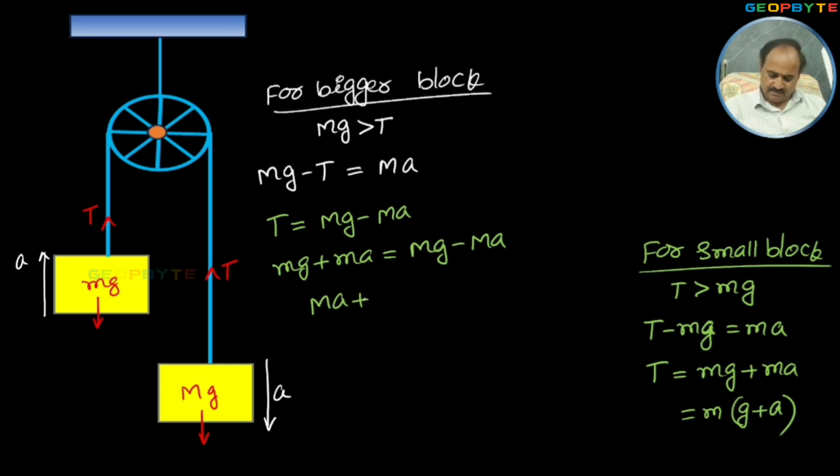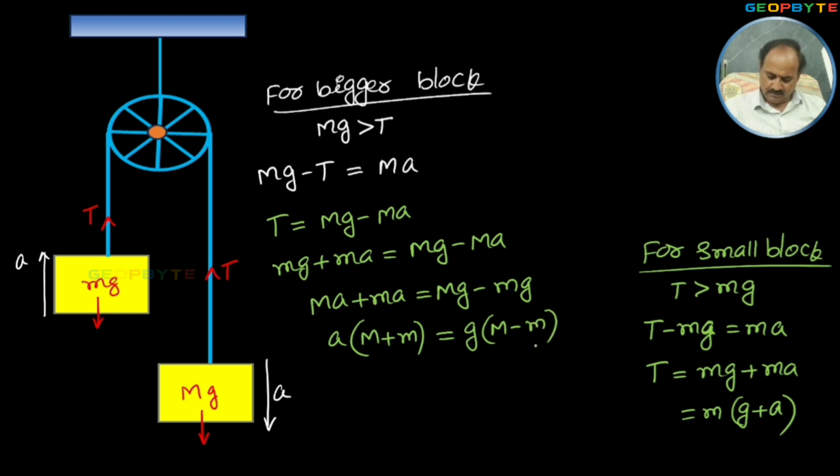Capital Ma plus small ma equal to capital Mg minus small mg. A into capital M plus small m is equal to g into capital M minus small m. Therefore, acceleration equal to g into capital M minus small m by capital M plus small m.